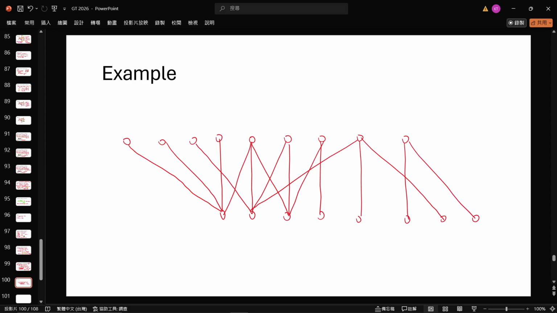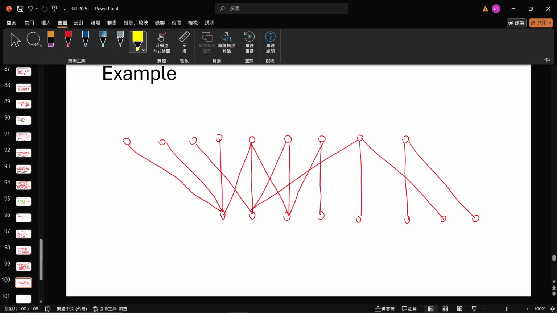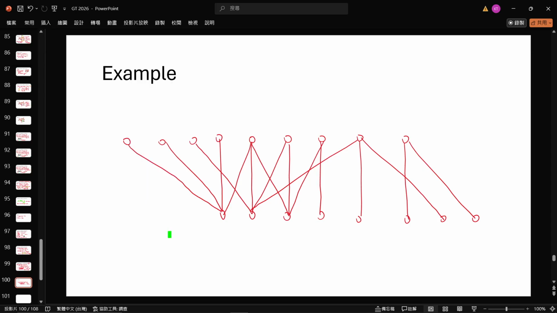So this is the bipartite graph. Next, let me draw the matching. So this is the matching.